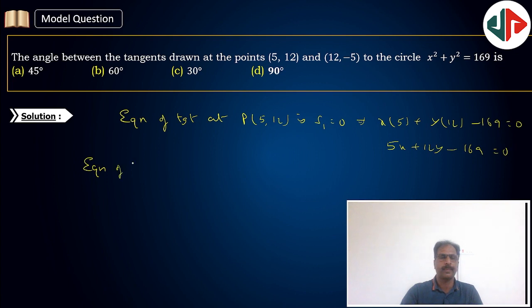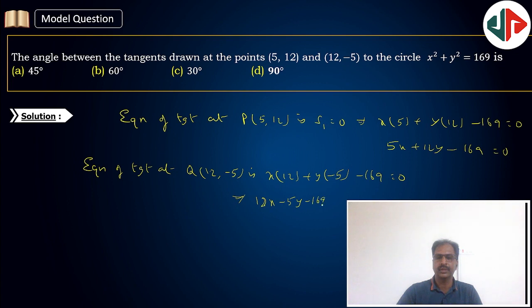Similarly, the equation of the tangent at the second point Q(12, minus 5) is x x1 plus y y1 minus r square. So 12x minus 5y minus 169 is equal to 0. Now you have to find the angle between these.